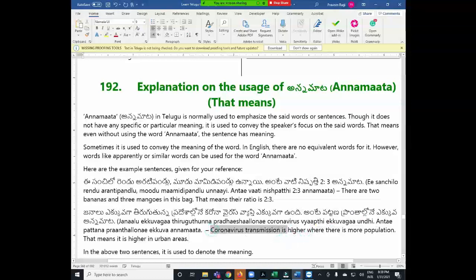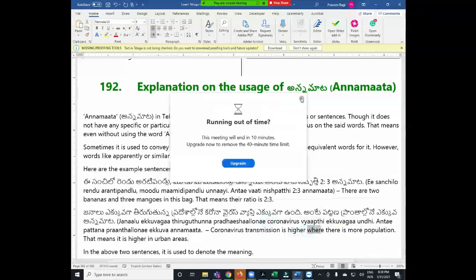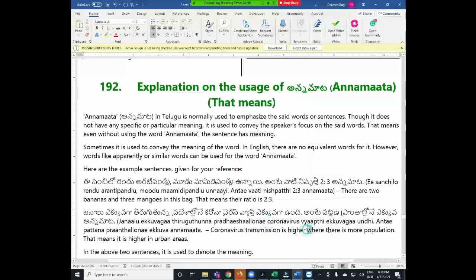Coronavirus transmission is higher ante coronavirus vyapti ekkuvaga undi. Then here we used where. Where there is more population means జనాలు ఎక్కువగా తిరుగుతున్న ప్రదేశాల్లోనే.